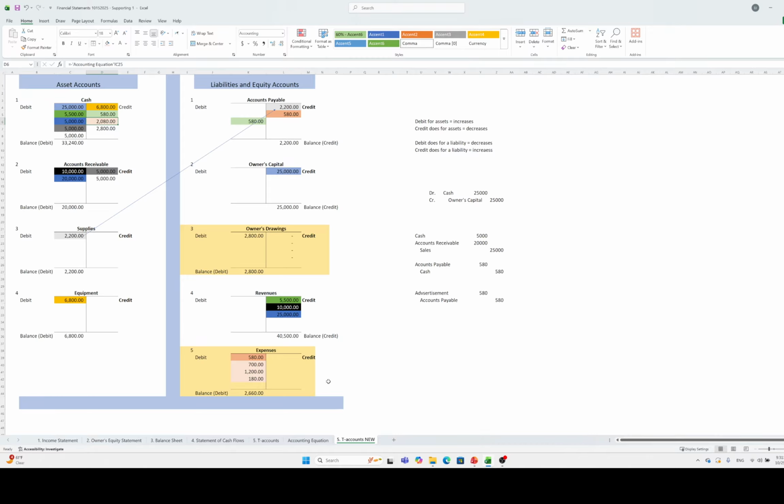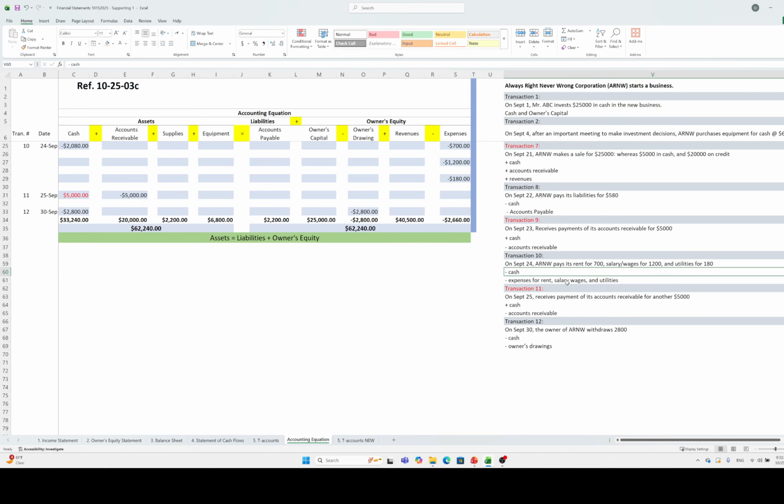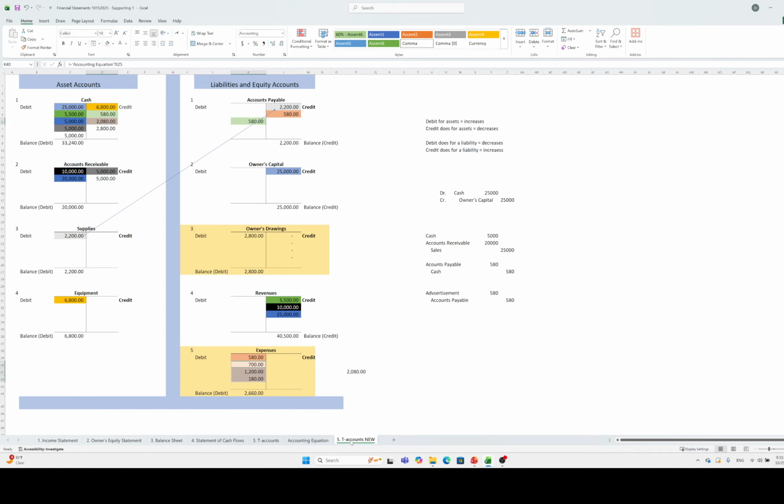If you sum, let's do it: 700 plus this plus 180 gives us the total. So this total equals this. So what we do is, again, debit rent for 700, debit salaries and wages for 1,200, and debit utilities for 180, and then we credit cash.